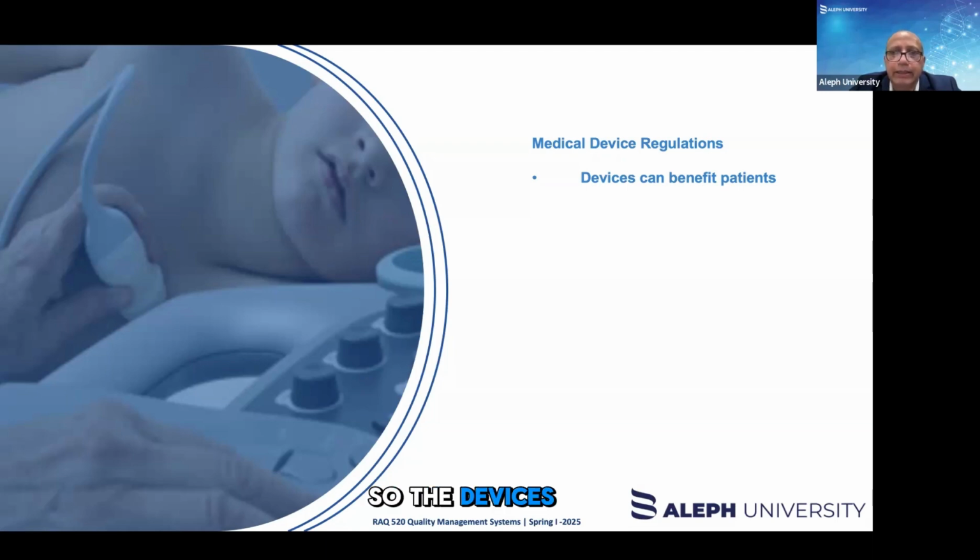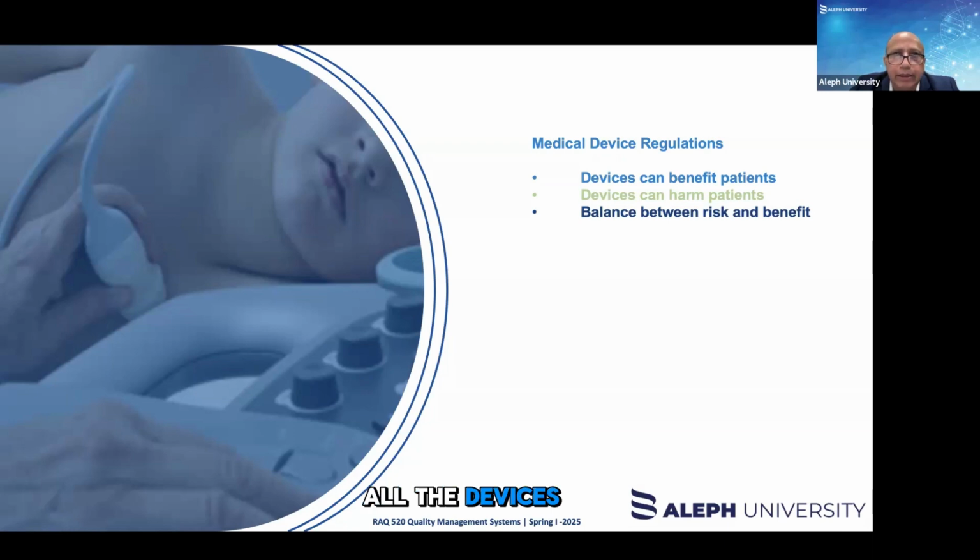So the devices can benefit patients. We need devices. But at the same time, devices can harm patients. If the device is not well designed, or if it has flaws or problems, then the device can harm patients. So we have to balance between risk and benefit.